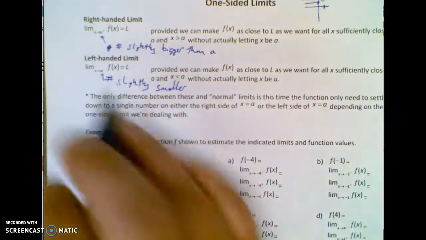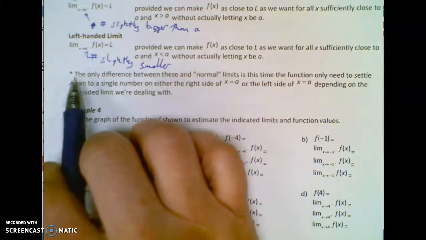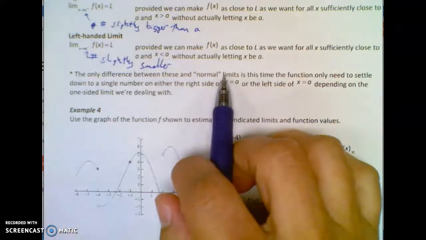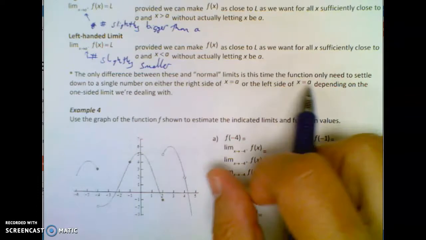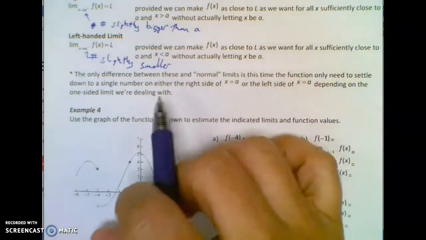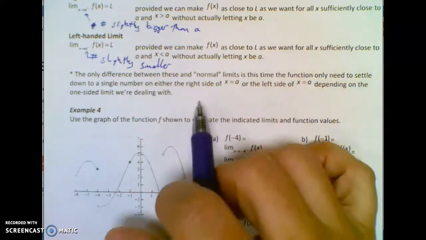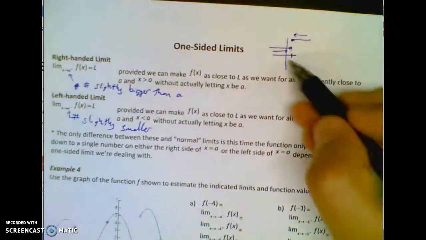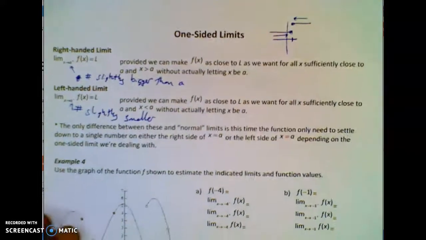So really you just got to remember the plus goes with right, the minus goes with left. The only difference between these and normal limits is the function only needs to settle down to a single number on either side, either the left or the right. So basically, it loses that condition we had before that it has to squeeze the same number from both sides.